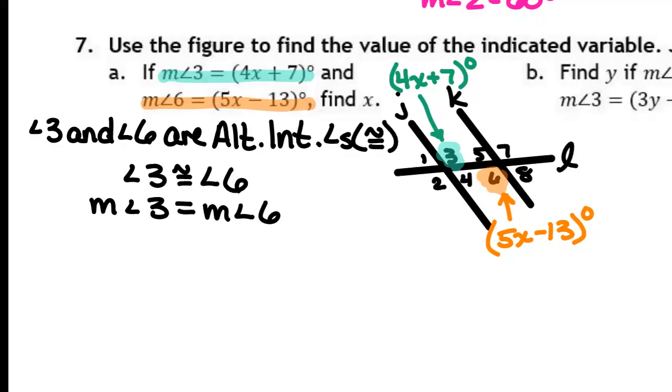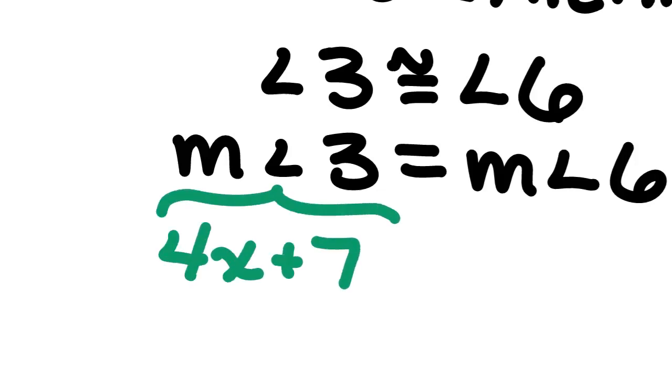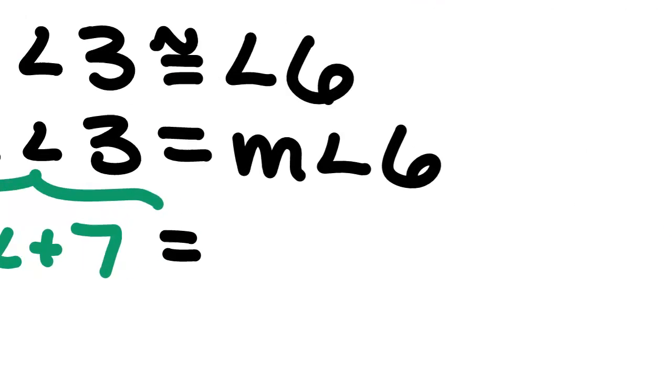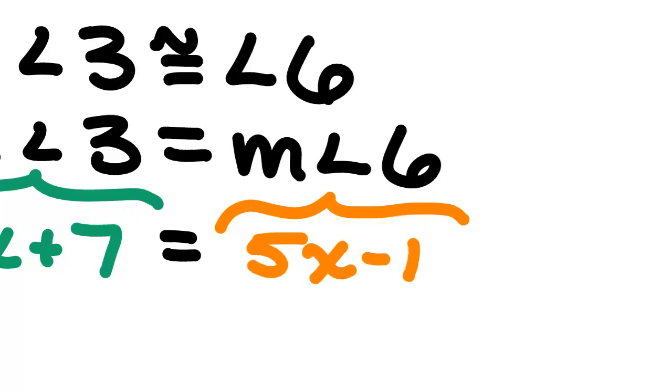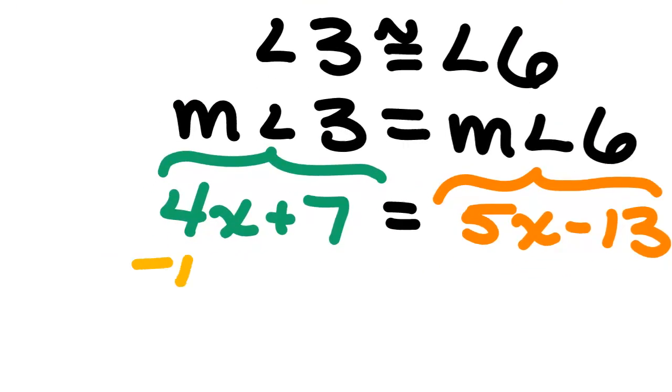So in the place of angle 3, we're going to put 4x plus 7. In the place of angle 6, we're going to put 5x minus 13. And now we're going to solve this for x. The first thing I want to do is get my x's to the same side, so I'm going to subtract 4x from both sides.